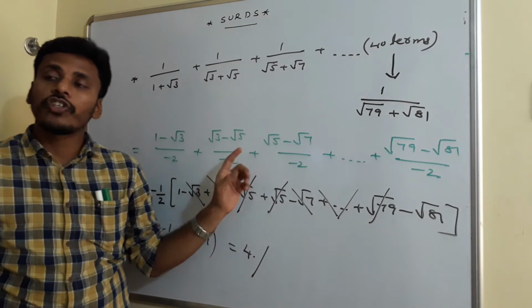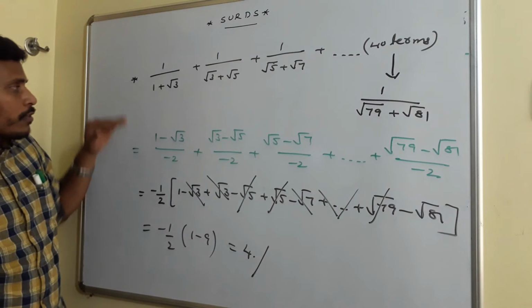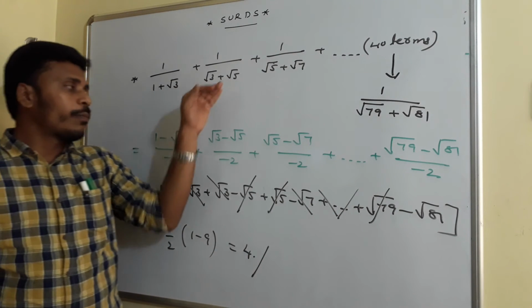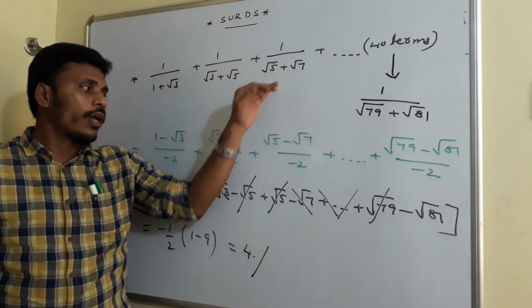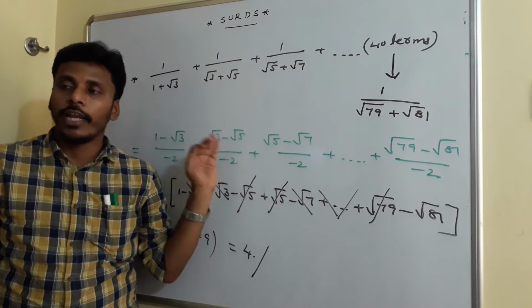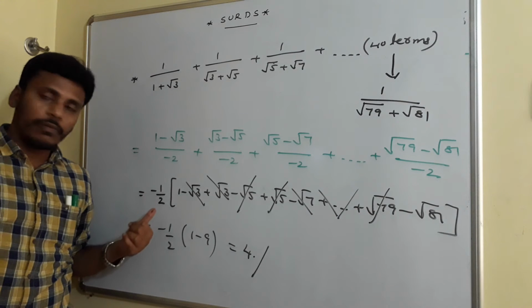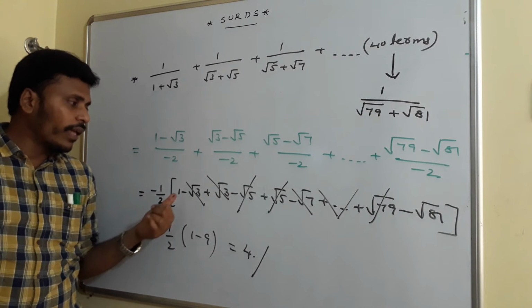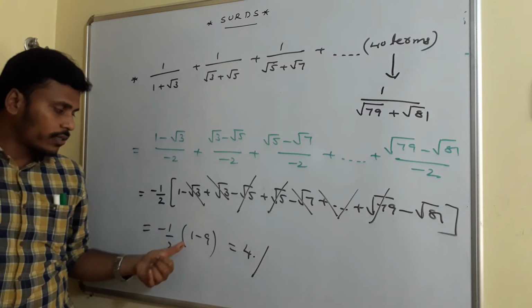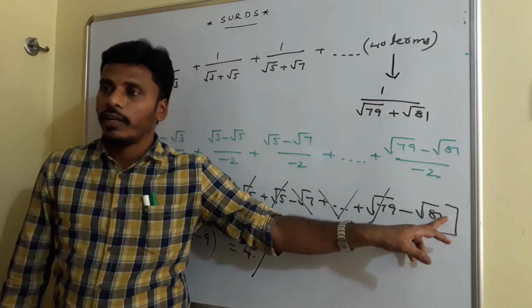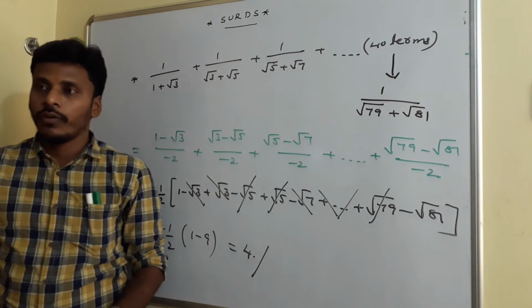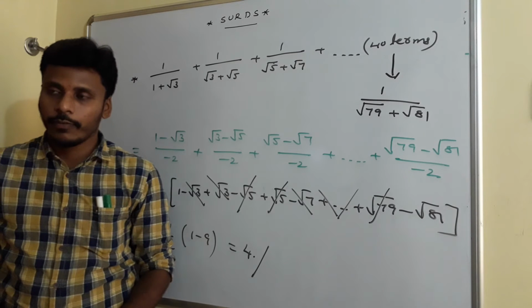Similarly, if you rationalize each and every term, it becomes 1 minus root 3 by minus 2, root 3 minus root 5 by minus 2, root 5 minus root 7 by minus 2, like that. Now, everywhere you have minus 2 as denominator, so keep it out, and then if you add all these things, you are left with 1 minus root 81 and your answer at the end is 4. Just have a look and I will come with the next problem.